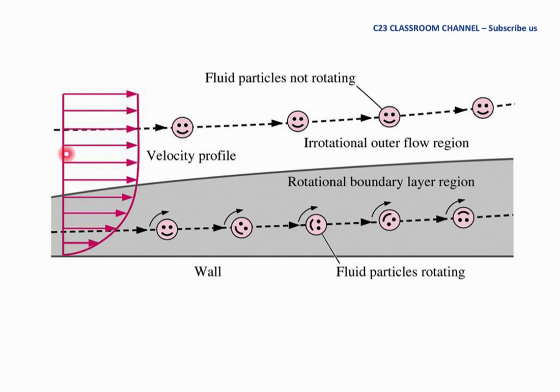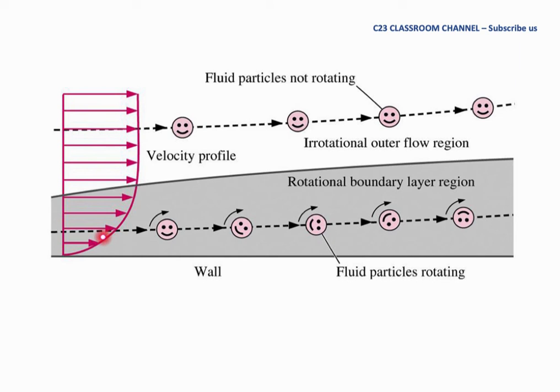For example, we have a molecule here moving from left to right. However, the molecule that we see as a smiley mark here remains at the same location. So this molecule is not rotating on its axis. So this flow is an irrotational flow region. So here zeta is equal to 0.